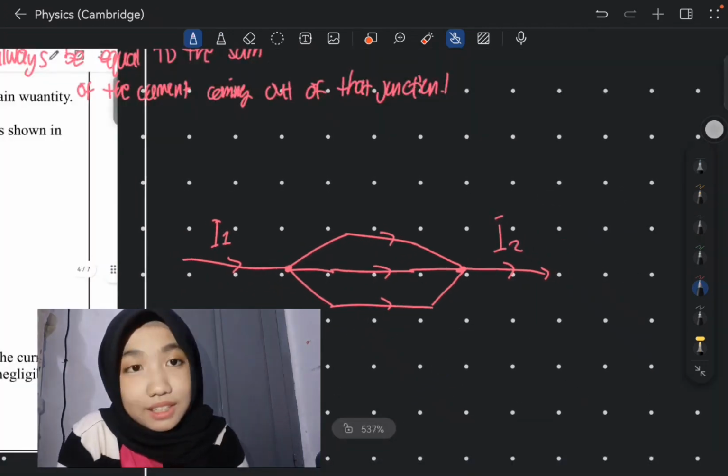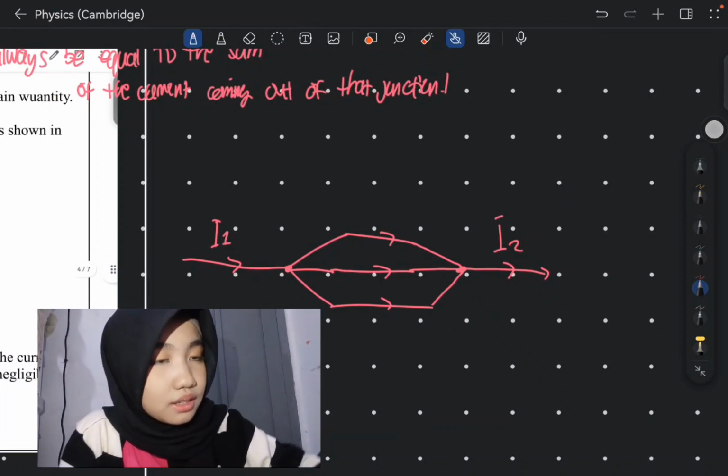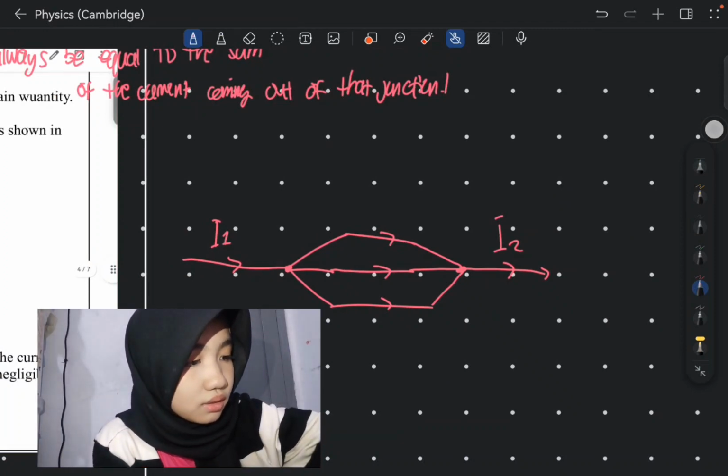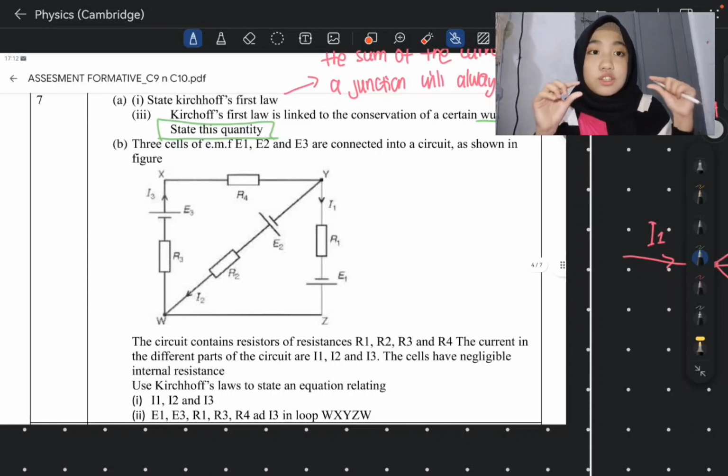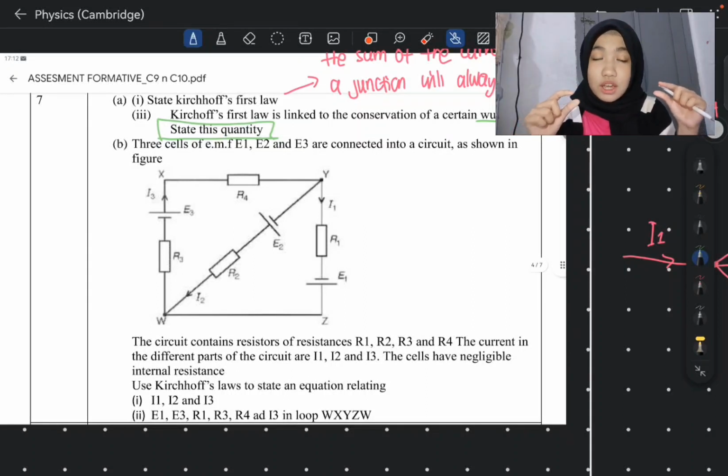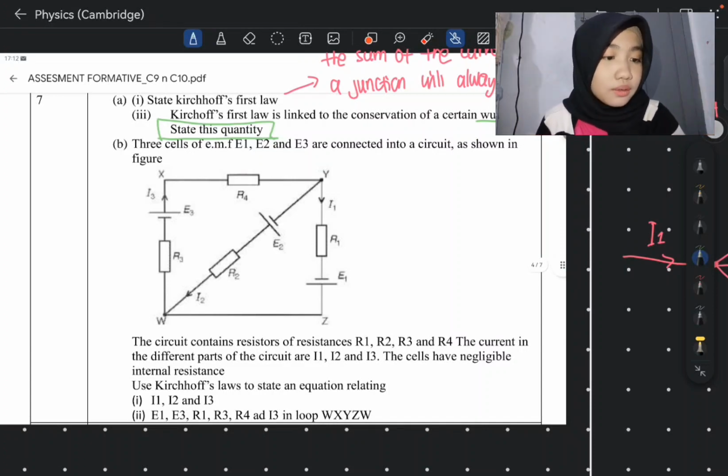That's practically it. Kirchhoff's first law mentions the sum of the currents, and what's the SI unit for current? That's right, ampere. So the answer should be ampere.